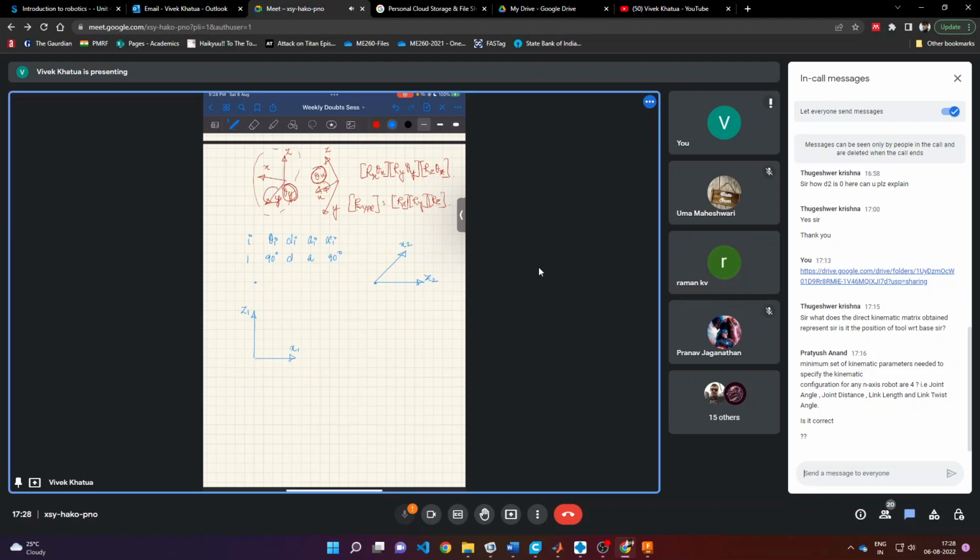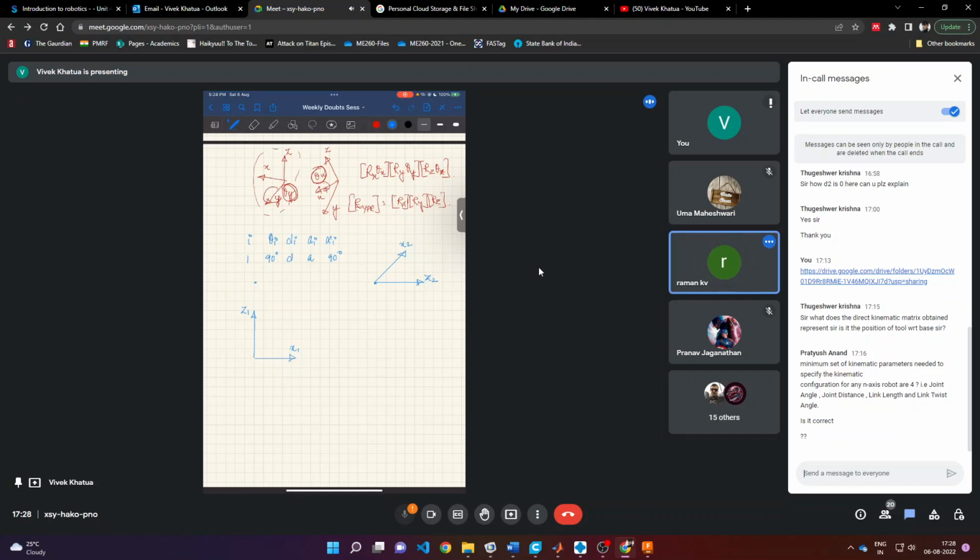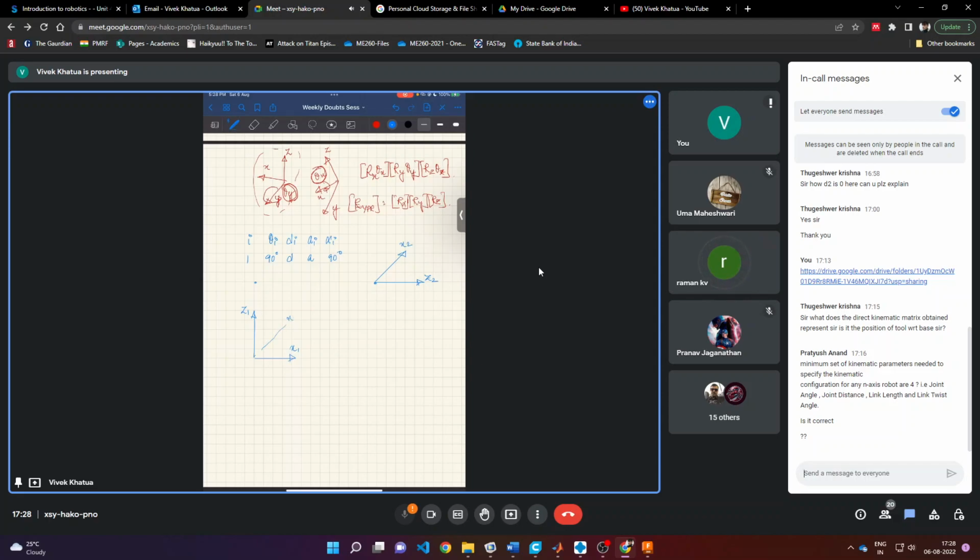No, no. First we rotated about Z1. So my X2 will be like this. So the X2 intermediate frame of Z1 will be like this. About X2, what we have done, rotated 90, we have got here, right?